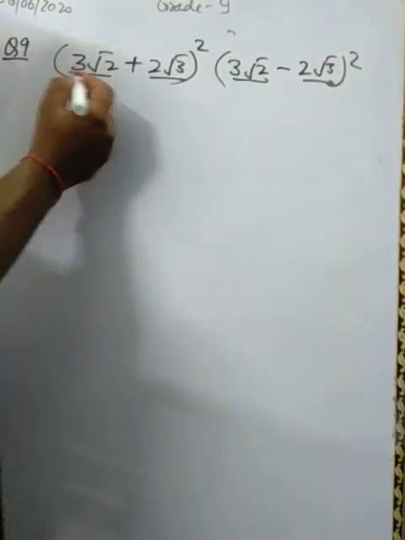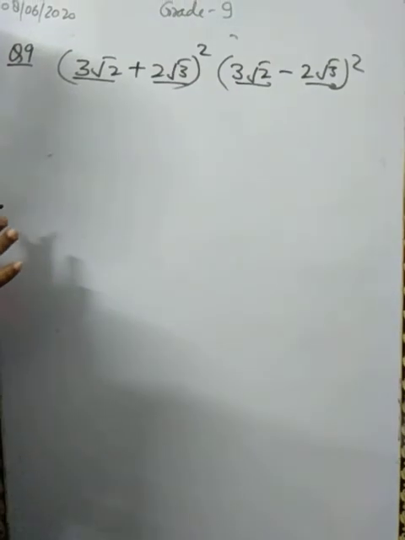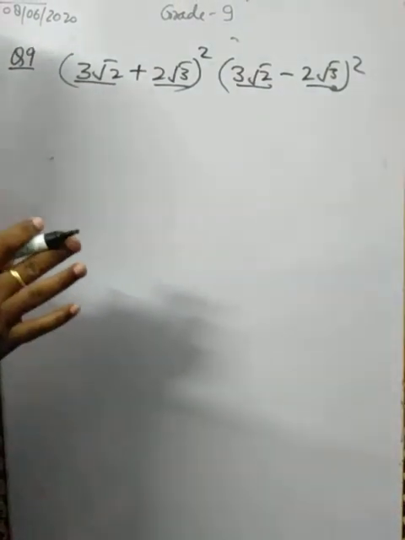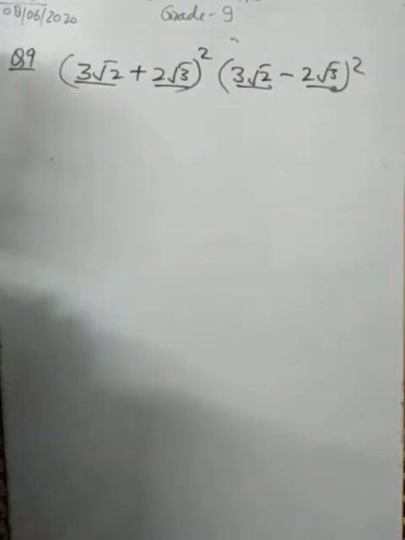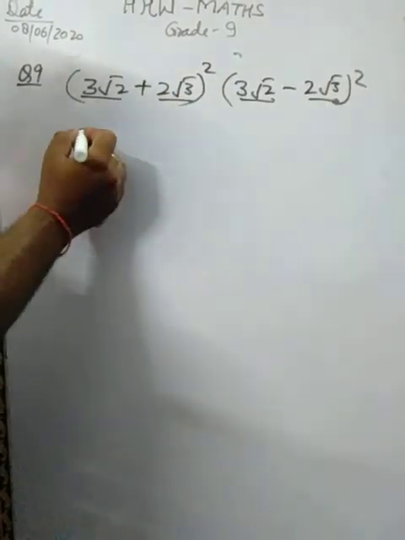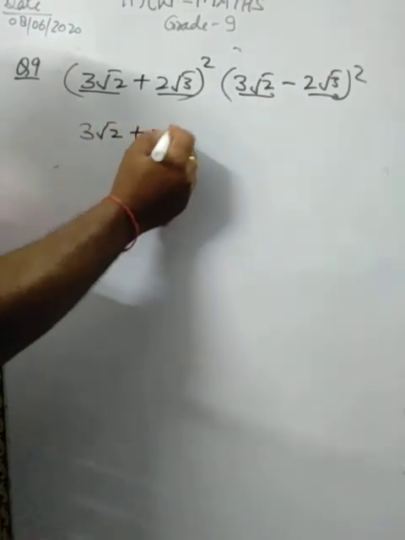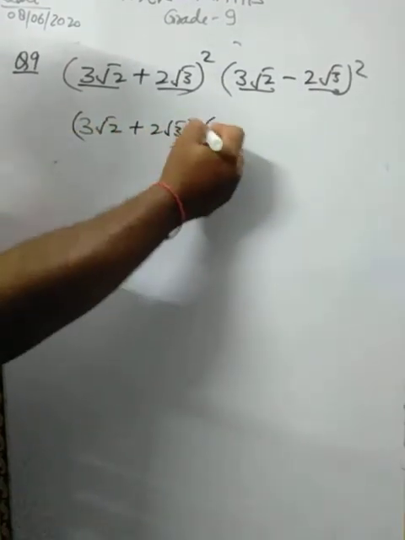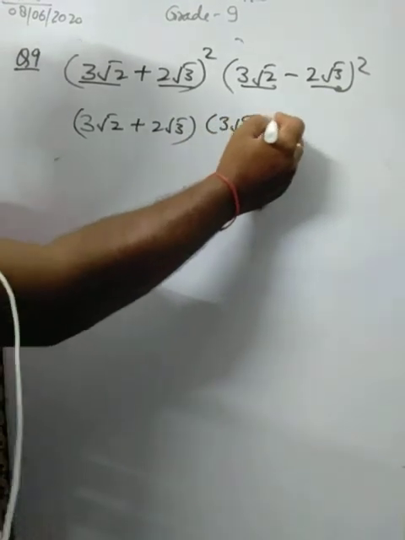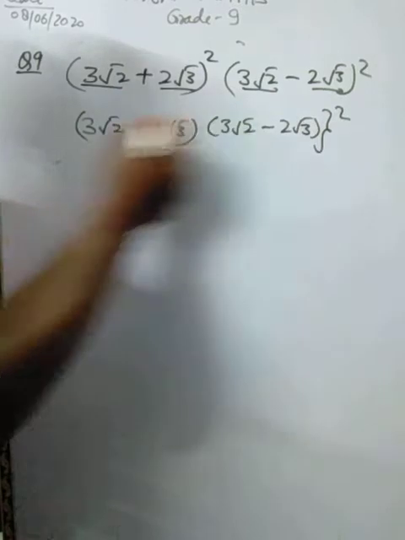This is a number, whatever the value, I don't have any idea. Nobody has an idea, because we will think the question blindly. We will start from the beginning. Power 2, power 2. So as per the rule of indices, we can write (3 root 2 plus 2 root 3) and (3 root 2 minus 2 root 3) whole raised to the power 2.